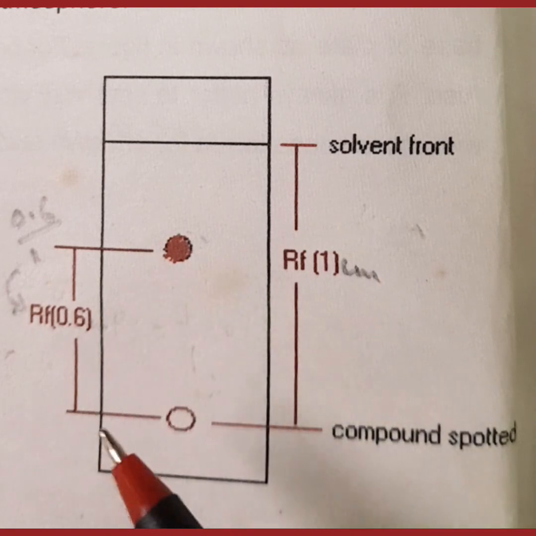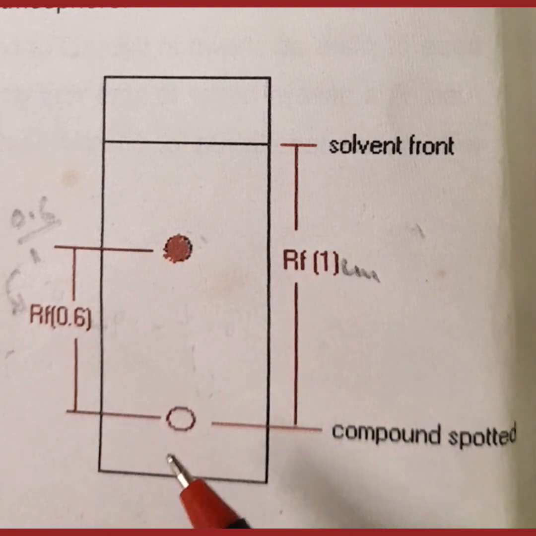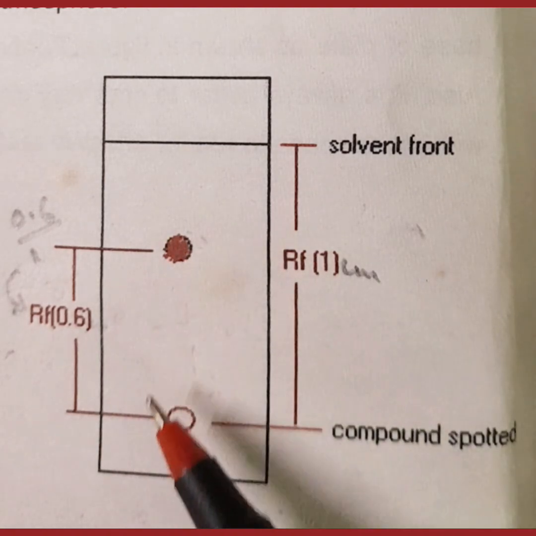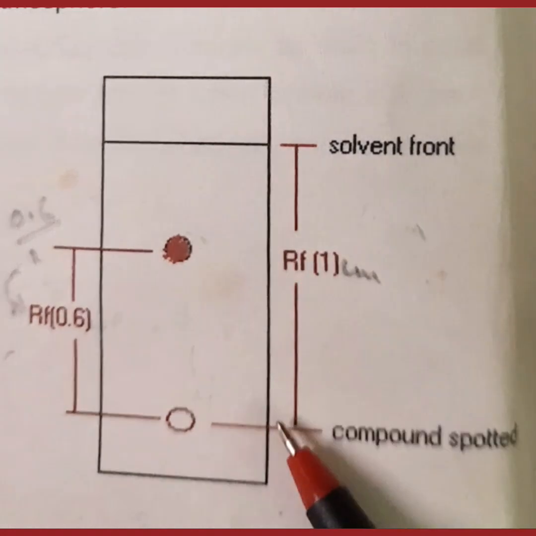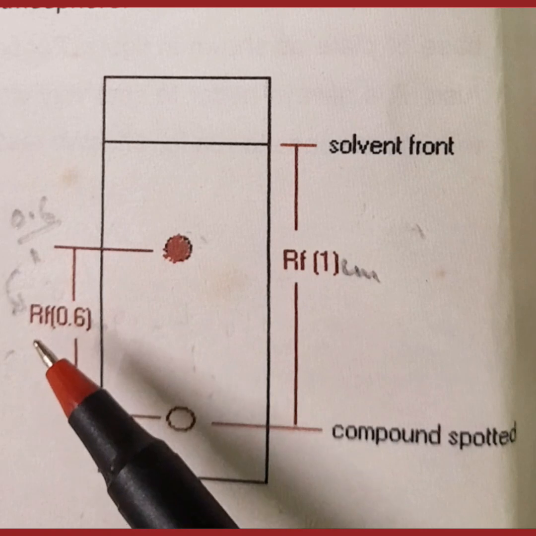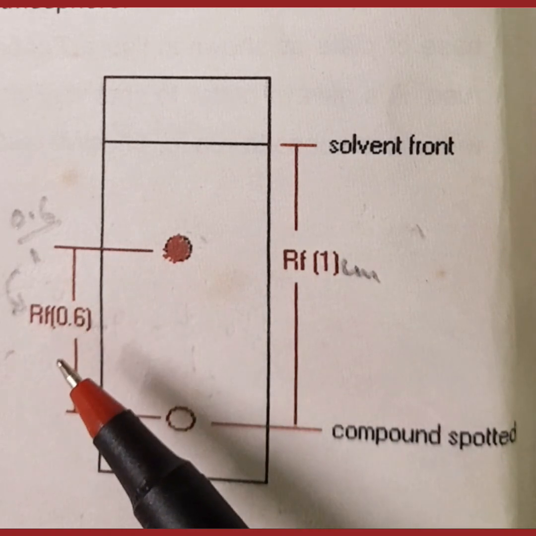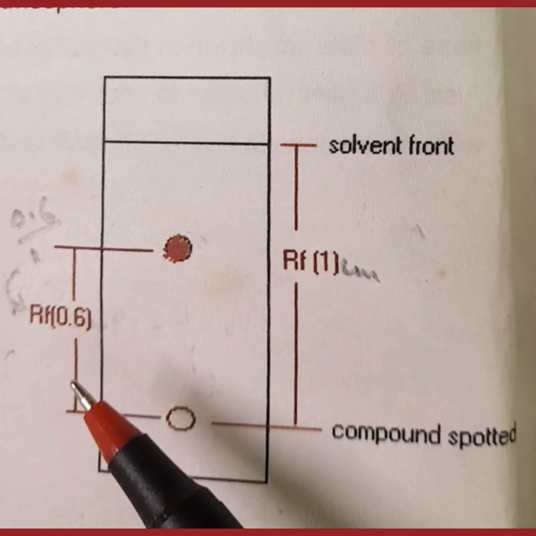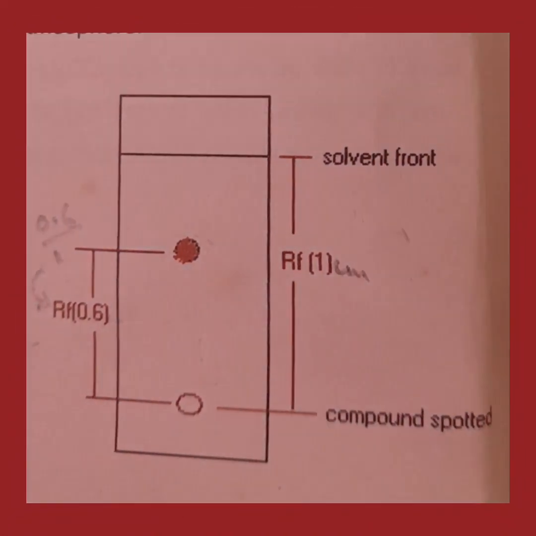So in order to find the retention factor, we have to divide this distance by this distance. So our retention factor becomes 0.6 divided by 1, that is 0.6. Alright, 0.6 is the retention factor.